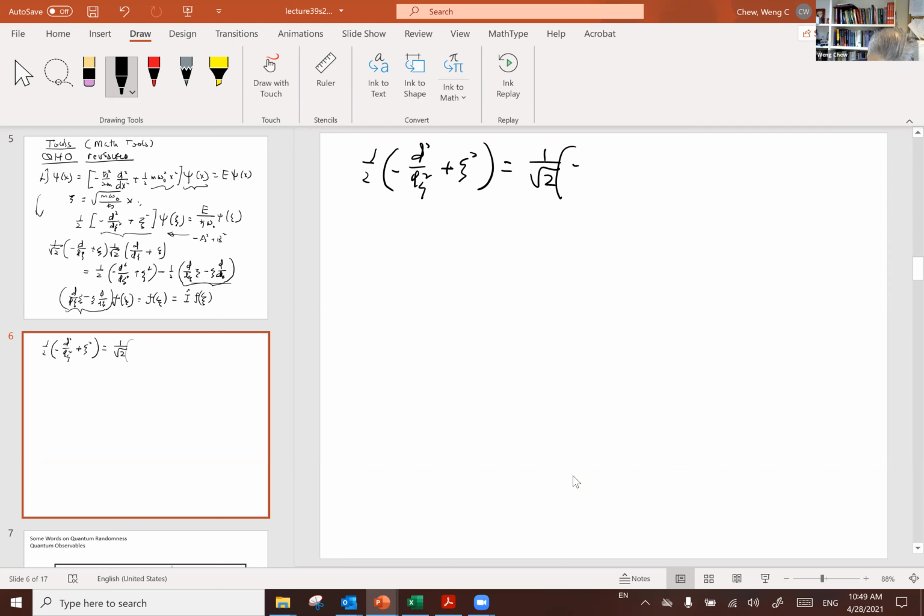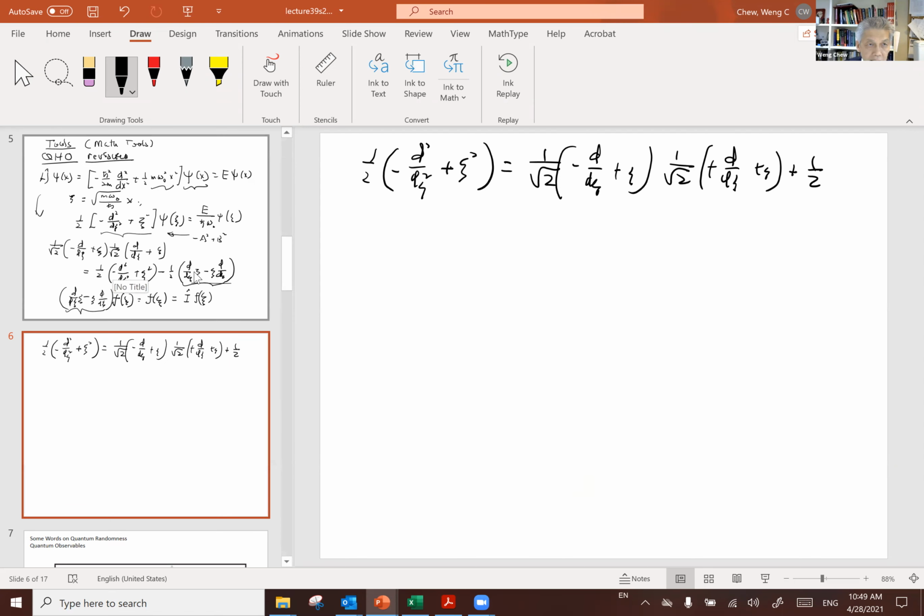The first factor is d/dxi plus xi, and then the second factor is minus d/dxi plus xi, plus the identity operator, which just becomes half. This term here, I take it over to the other side of the equation, keep this part pretty much the same, and just call this the identity operator, and hence it's been replaced by half.